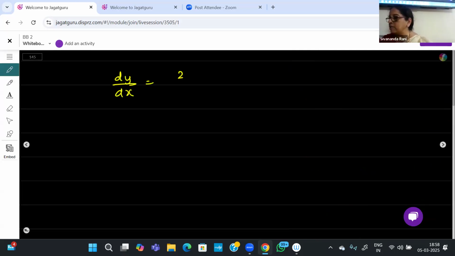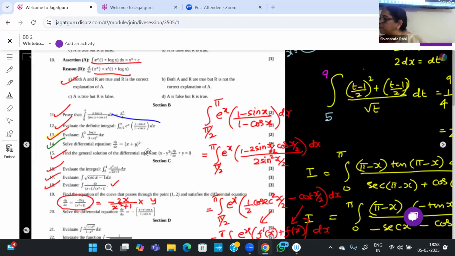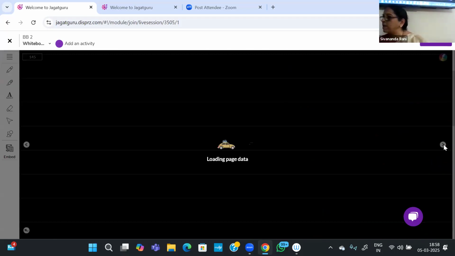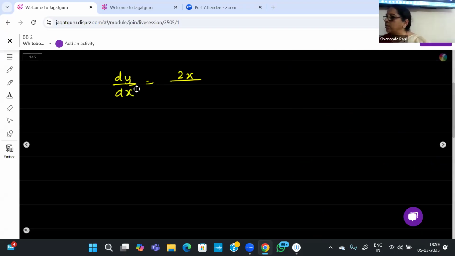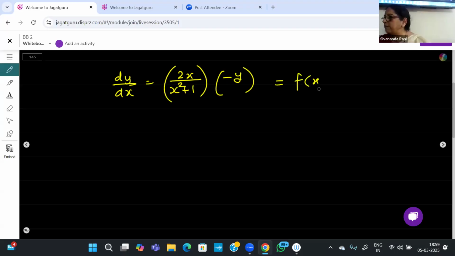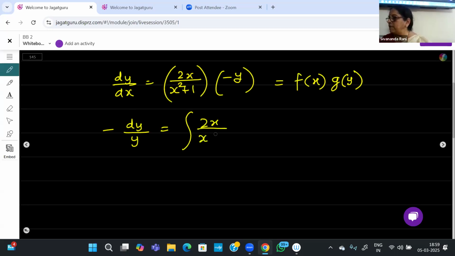So you got dy by y equals minus 2x by x square plus 1 dx. Always remember, if your dy by dx is already like this, we are very fortunate, and they are very easily separable. I think you can do it.